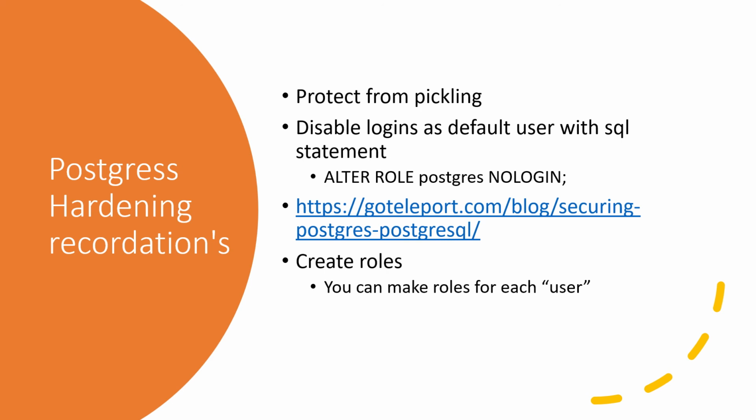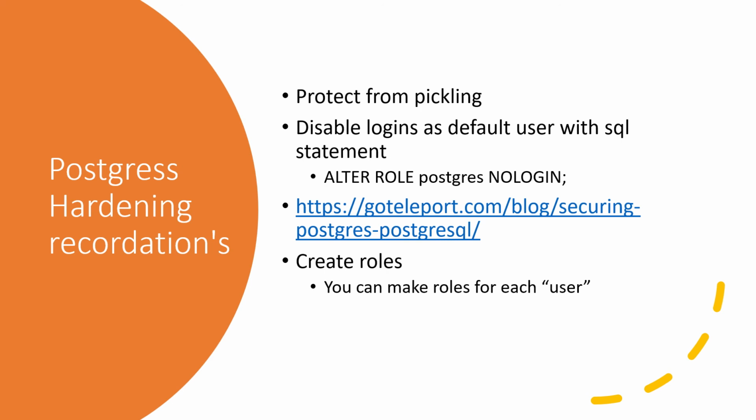You're going to want to disable auto logons as the default user with SQL statements. So you're going to want to do ALTER ROLE postgres NO LOGIN. You're going to put that command in with a semicolon, it's an SQL statement, into the table. And I put this Go Teleport blog in here just because it's a useful link.